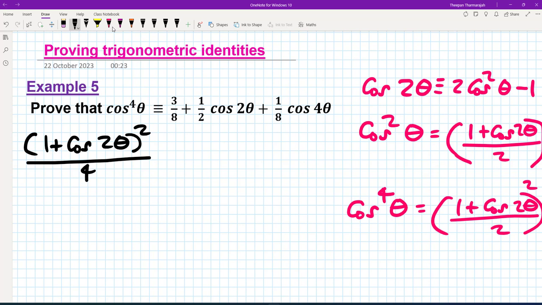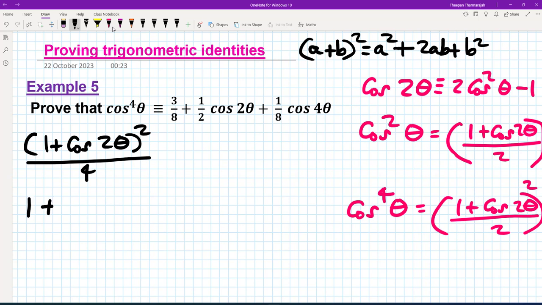Now I can use this well-known identity in algebra, that a plus b all squared is a squared plus 2ab plus b squared. So I can do the same thing here. So I can say 1 plus 2 cos 2 theta plus cos squared 2 theta all divided by 4.